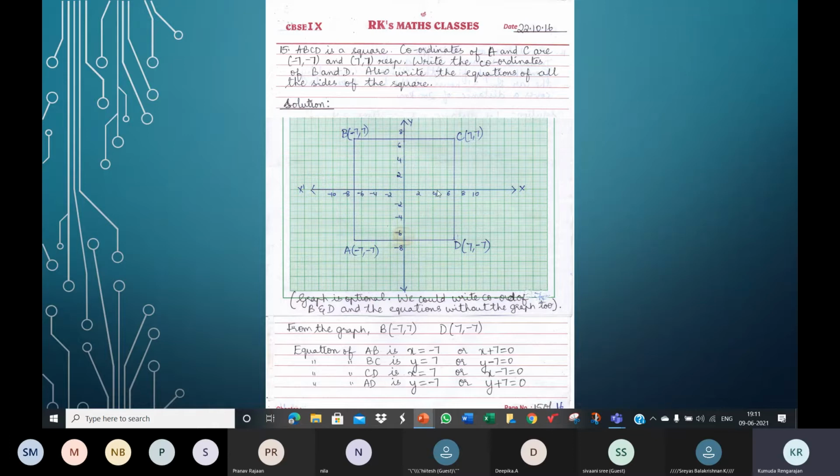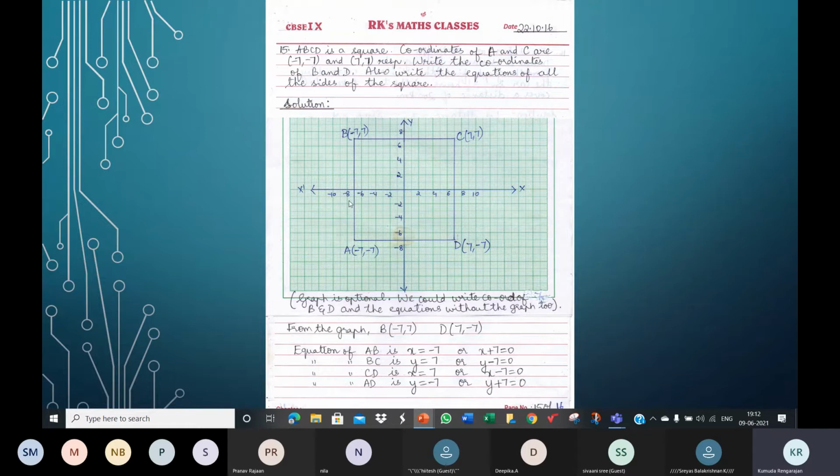With respect to the x-axis, we say above the x-axis, below the x-axis. With respect to the y-axis, we say to the right of the y-axis, to the left of the y-axis. So this line segment AB is parallel to the y-axis and is at a distance of 7 units to the left of the y-axis.